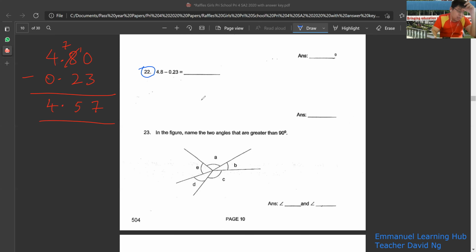The answer is 4.57. So you understand the concept now? Because you see 4.8, right? You don't just write 4.8. You write 4.80 because there are two decimal places, because the decimal must be aligned. Okay?